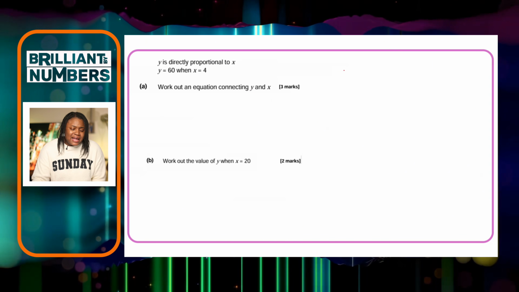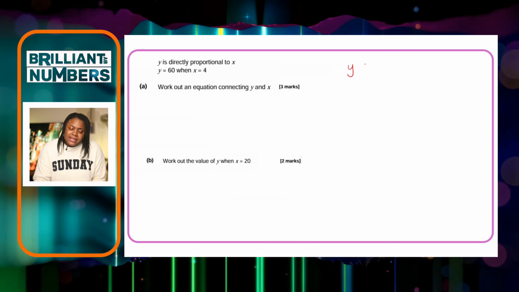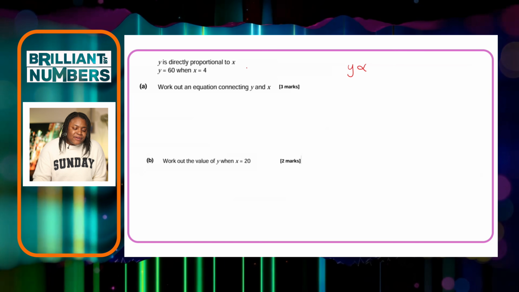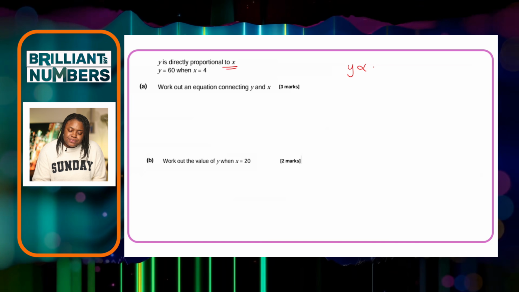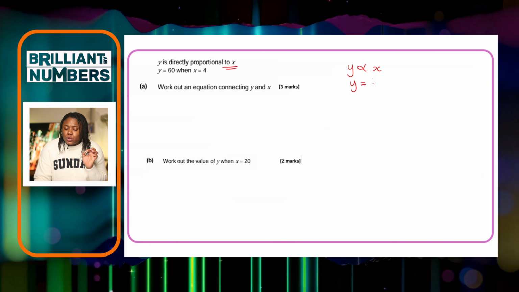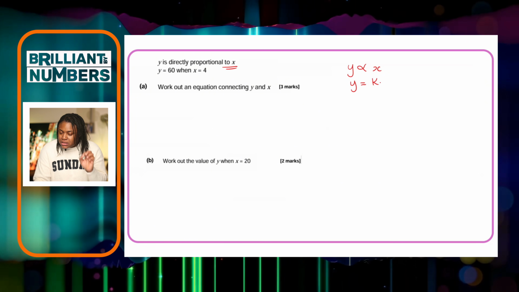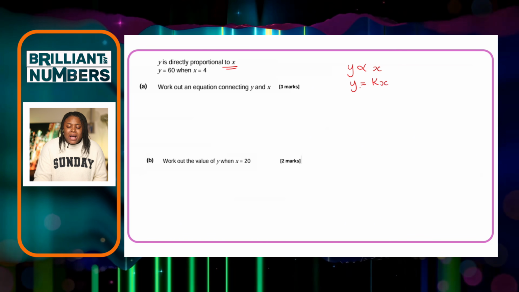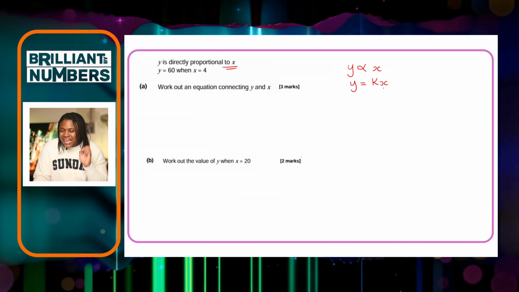So first step in direct proportion, we write y, the symbol for direct proportion is this symbol, directly proportional to x, which means that y will always be equal to a constant k, this always fixed constant, multiplied by x. So y will always be equal to kx.